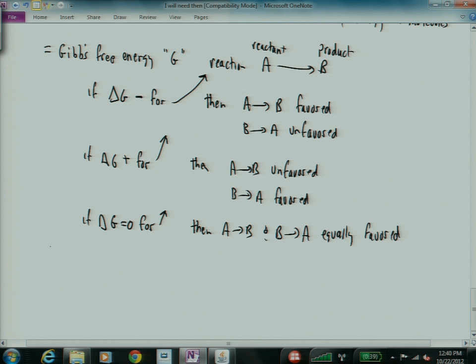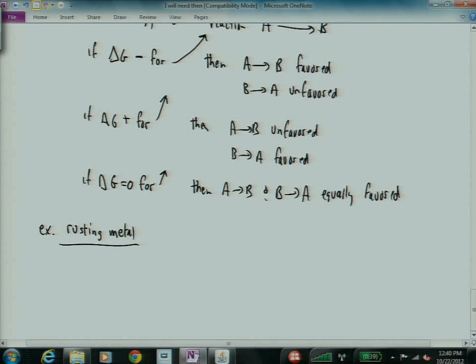Rusting metal. Most of you have cars or have seen cars, and they tend to rust around here. This is a chemical reaction, and it's not balanced, so the chemist would have a fit about this.